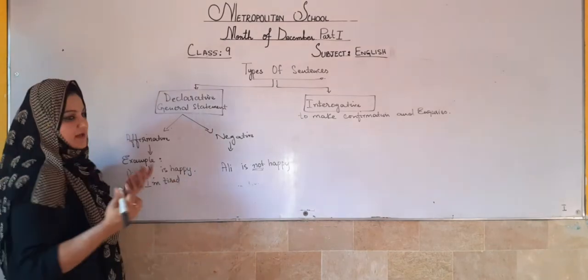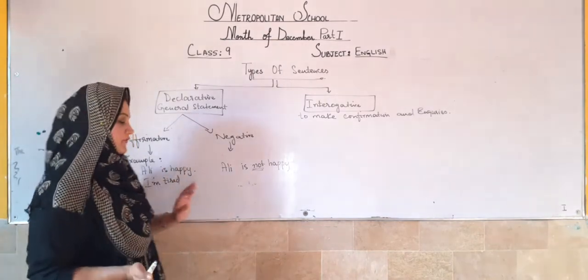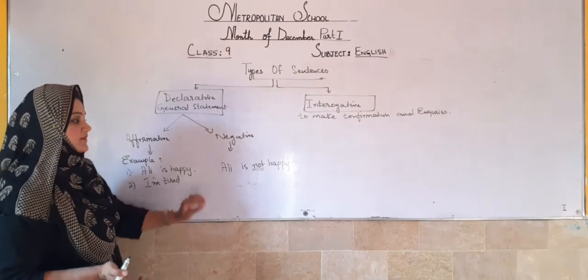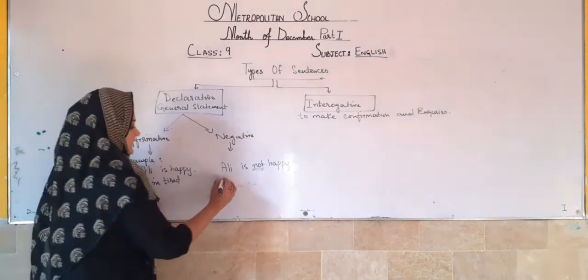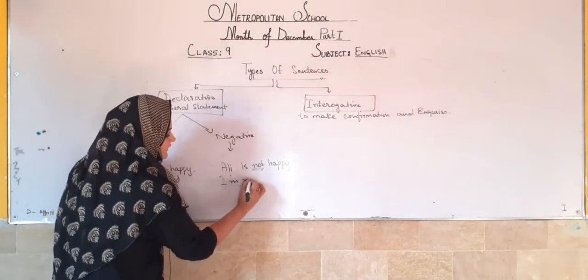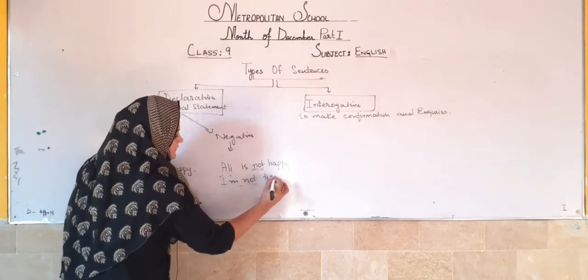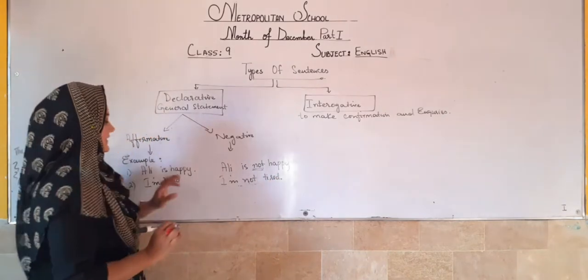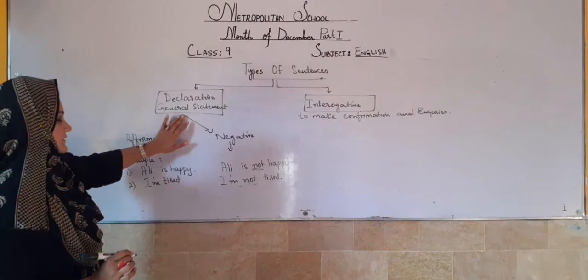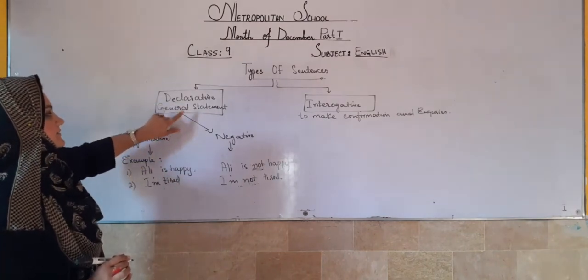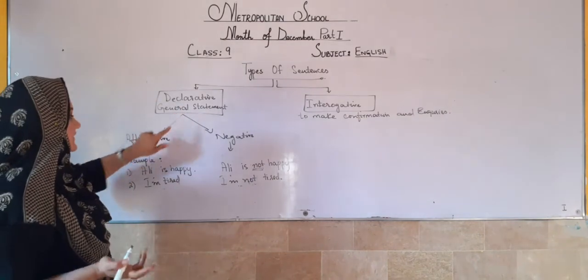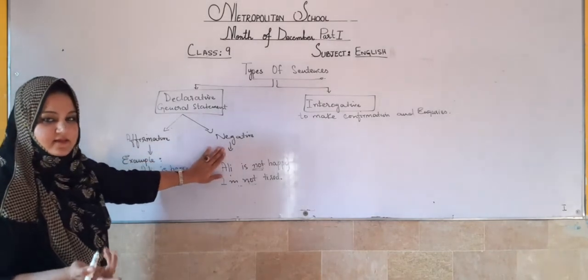This is a general statement. If you need to change it into negative, you just need to add not. I am not tired. These are the examples of declarative sentences. Declarative sentences are general statements. They can be affirmative and negative as well.